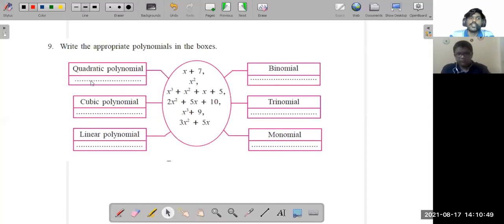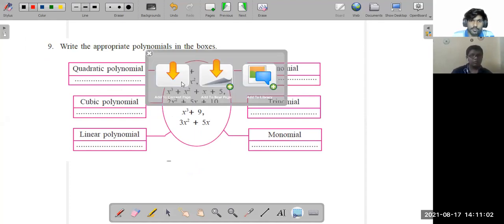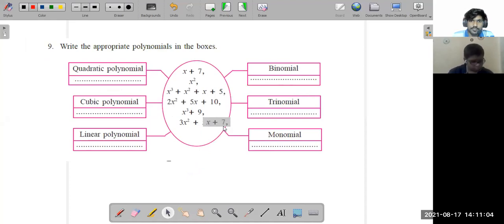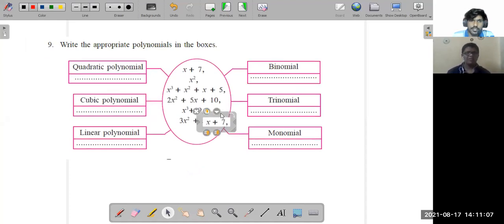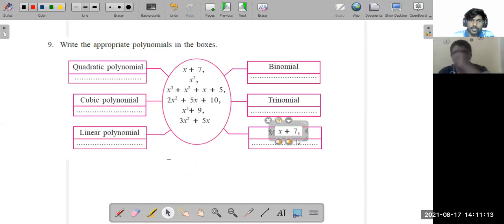So we'll do this activity. We have to classify what type of polynomial it is. First is x plus 7. What type of polynomial is x plus 7? Is it quadratic, cubic, linear, binomial, trinomial, or monomial?